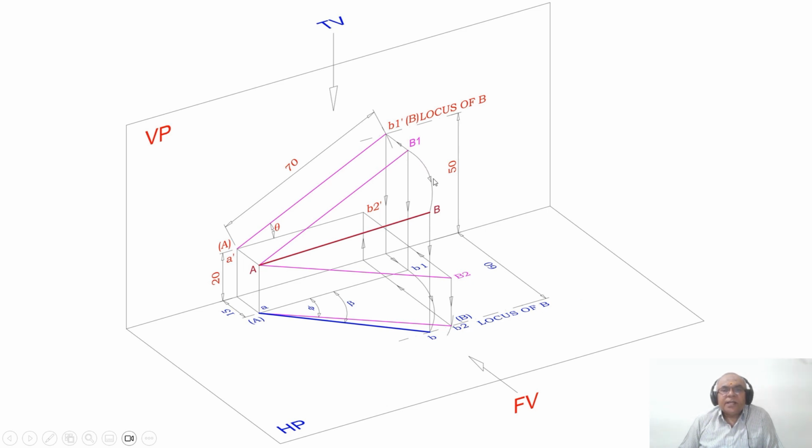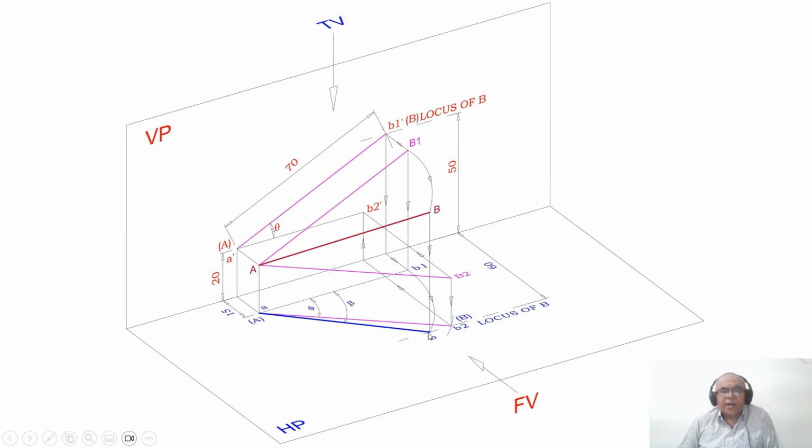So if you are rotating like that, what happens? This B1B is also being rotated. So when you look from the top view, the image of this, that is B to B1, will be rotated till it comes and touches the locus of B in the top view.